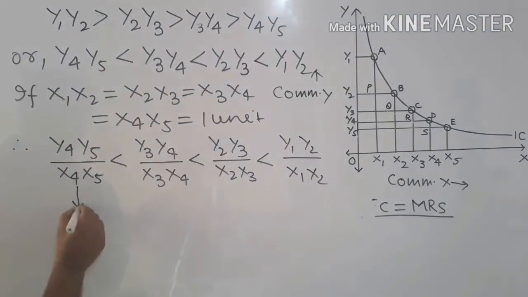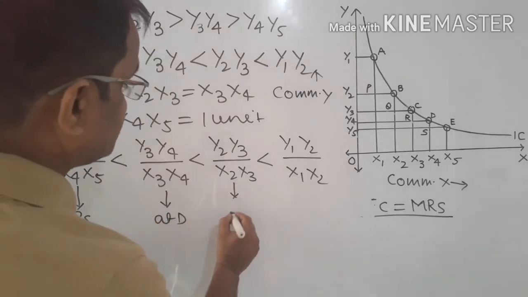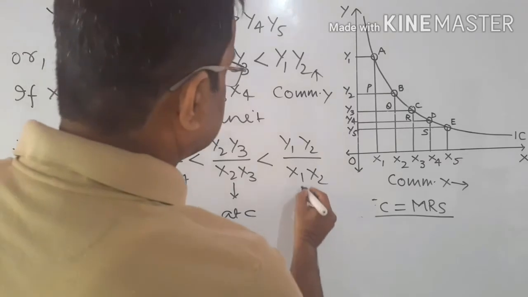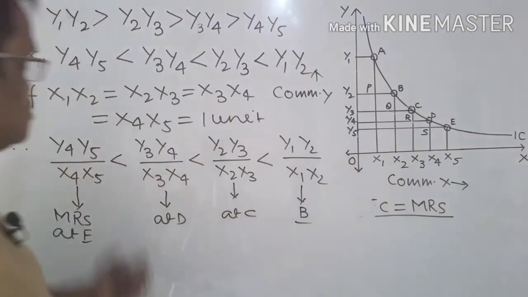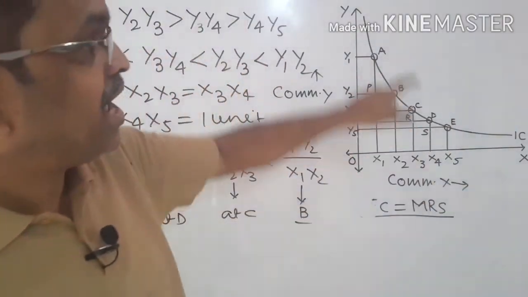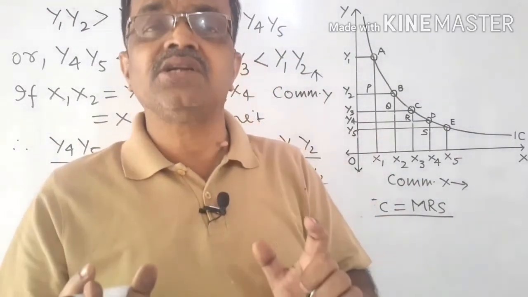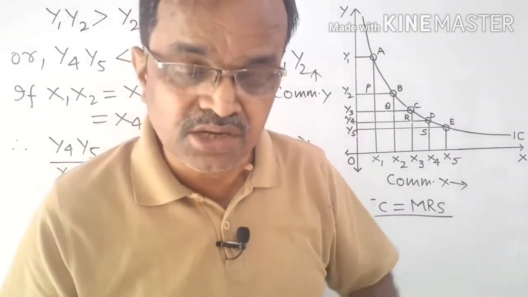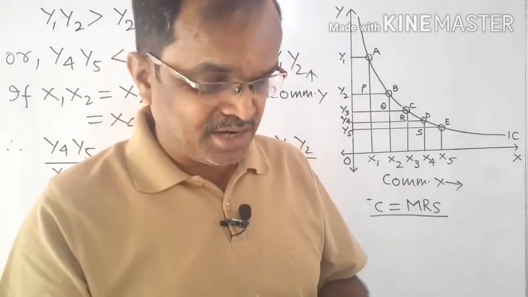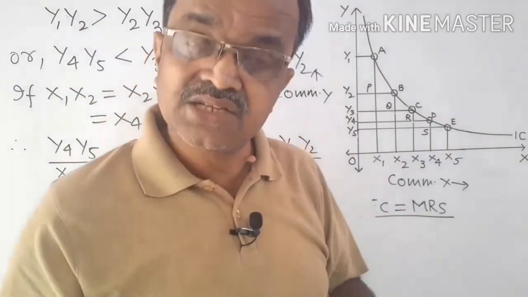And what is this? This is MRS at E, MRS at D, MRS at C, and MRS at B. So what do we observe? MRS goes on diminishing as we move down along an indifference curve. That is an important feature of marginal rate of substitution, which is called diminishing MRS. And because of this diminishing MRS, the indifference curve is convex to the origin.